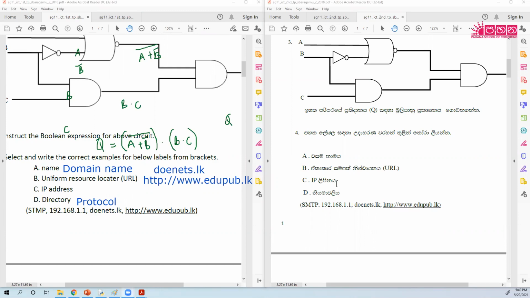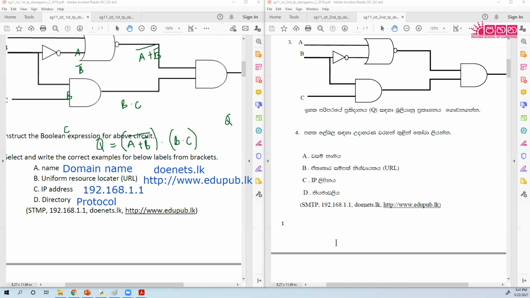The unique set of numbers given to uniquely identify each computer is called the IP address. So in this particular case, it's 192.168.1.1.